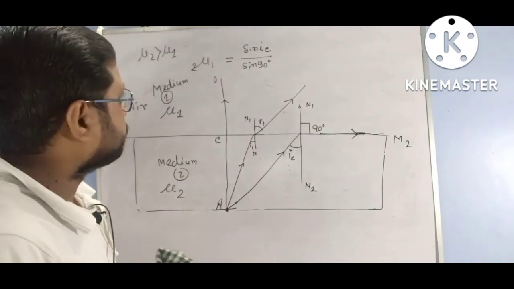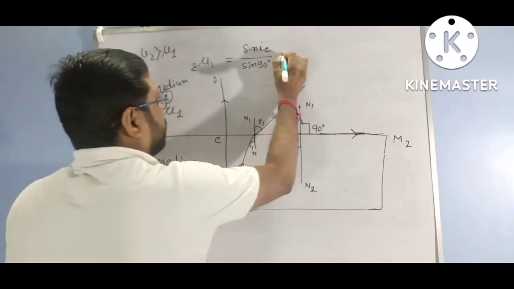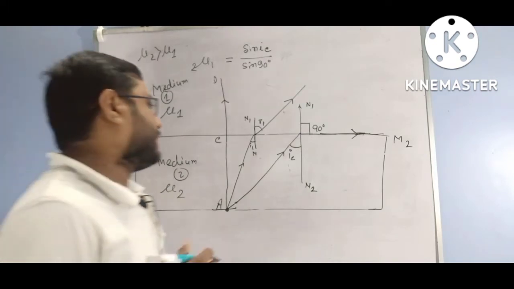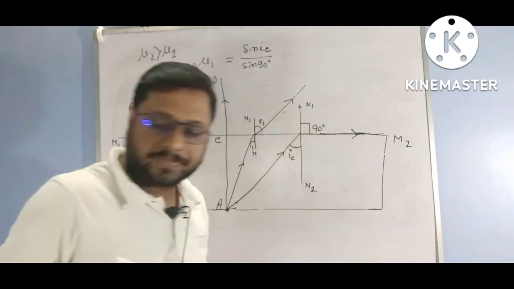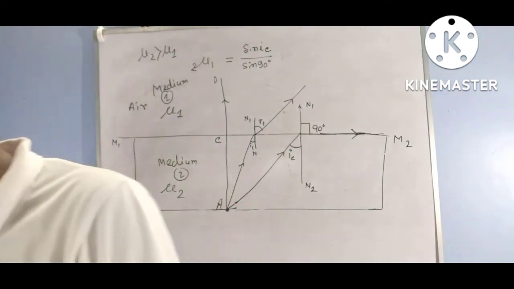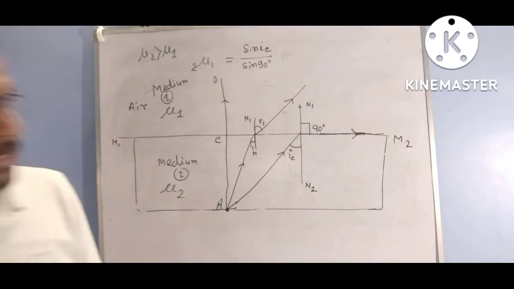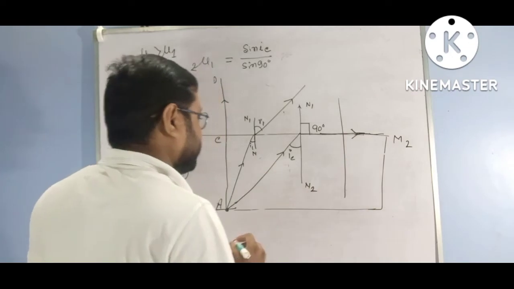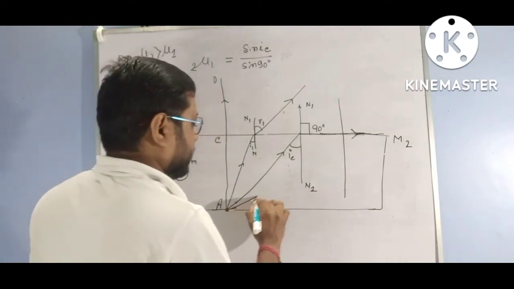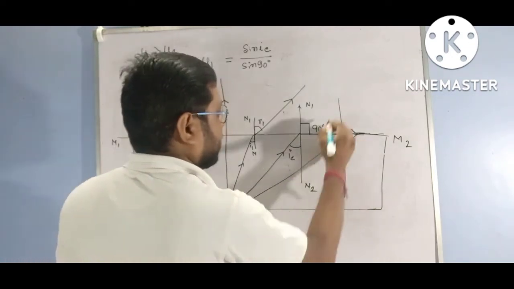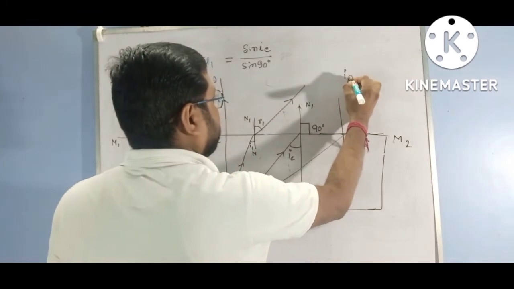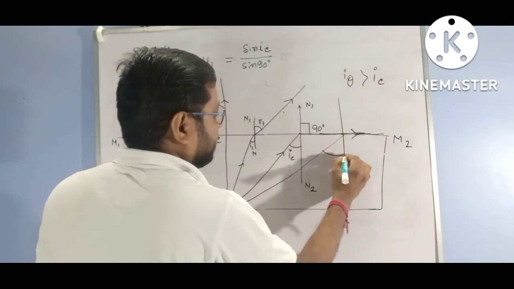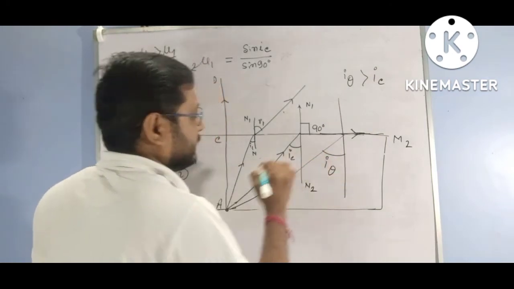Now, what happens if we increase the angle of incidence further? Say this is I theta, which is greater than the critical angle IC.